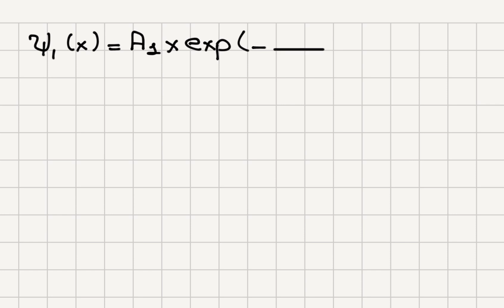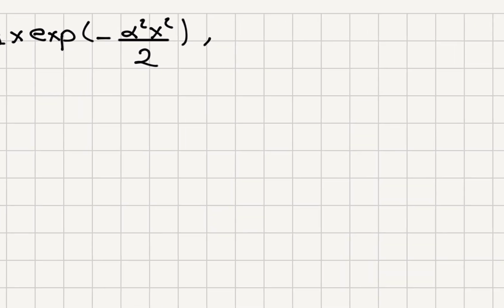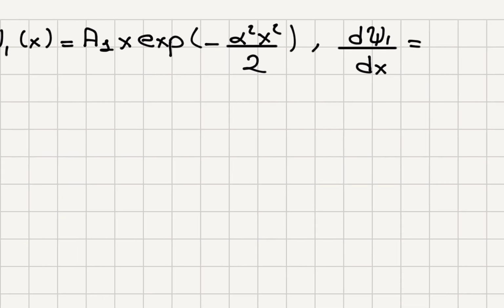So let me rewrite the wave function here. Psi1 of x is equal to a1 x exponential minus alpha squared x squared divided by 2. Let's take the first derivative. What is d psi1 dx? We're going to use the product rule. First, take the derivative of x, which is 1.